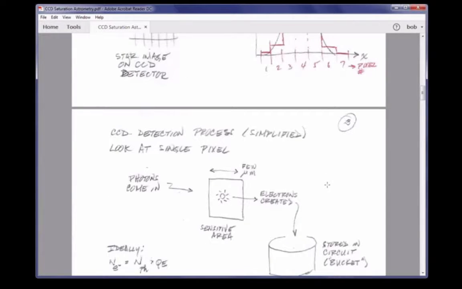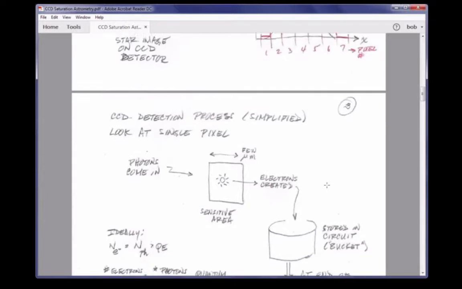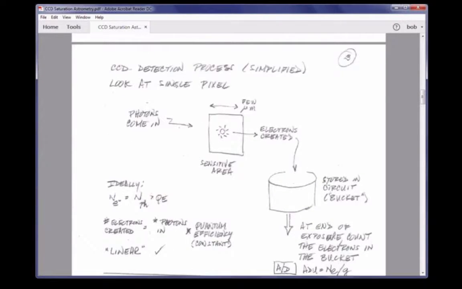Now, what can go wrong? We've been saying that all of the stars are treated equally by the atmosphere and the telescope and everything. Now we have to think about how the photons are being treated by the individual pixel on the CCD.